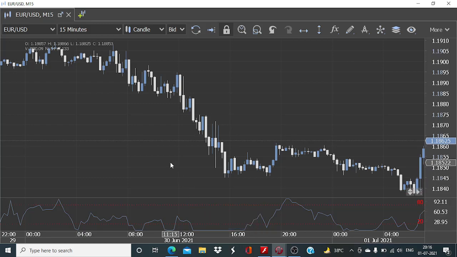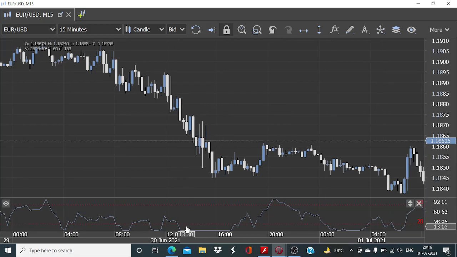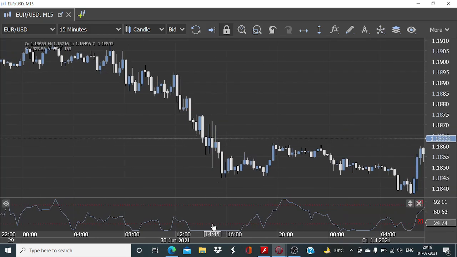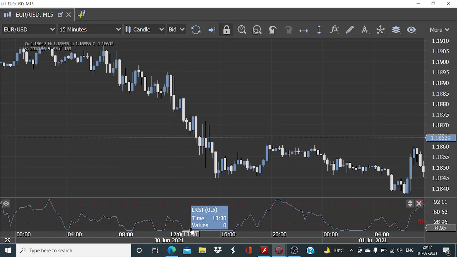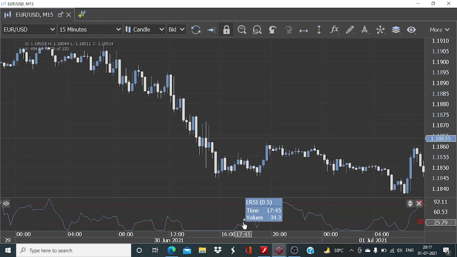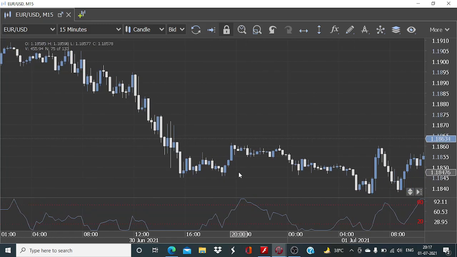So that will mean that the underlying instrument has been in oversold territory. And after having stayed in oversold territory, some sort of reversal is taking place. So we want to get involved at that point in time, and we want to go for a buy trade.